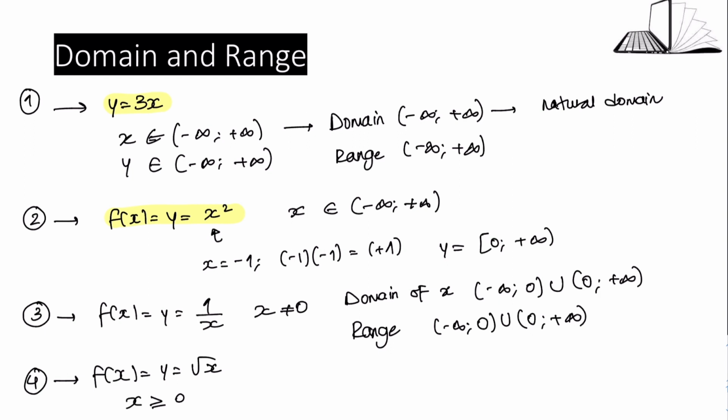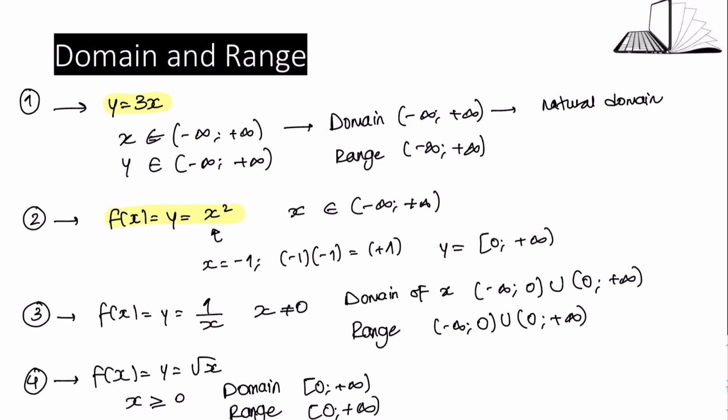So the domain of this function, the variation of x, is from 0 to plus infinity. 0 in this case is included. We don't have any problem of including 0, whereas the range is also 0 to plus infinity. There's no restrictions on the range.